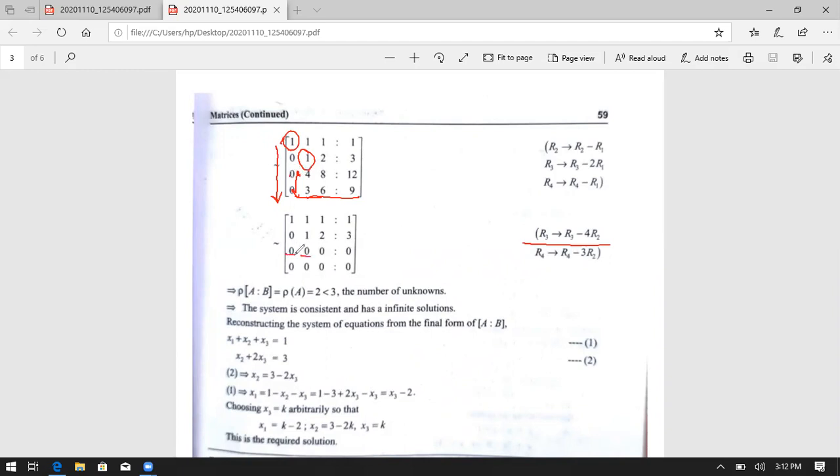Already 0 minus 0 is 0. Next 8 is there. 8 minus 4 into 2, 4 twos are 8. 8 minus 8 is also 0. Next, 12 is there in R3. 12 minus 4 into 3, 4 threes are 12. 12 minus 12 is also 0.